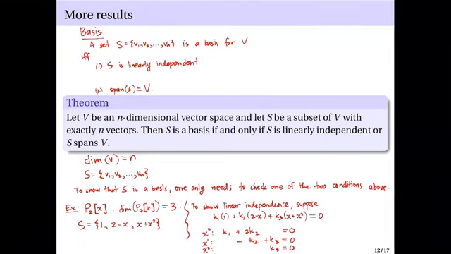This third equation says k3 equals 0. Okay? So we got this. And if we use this, from the second equation, we will have k2 equals k3, but k3 is already equal to 0.